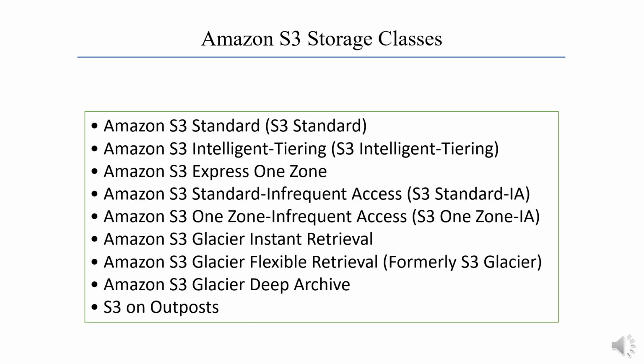Based on various use cases, Amazon S3 offers a range of storage classes as follows: Amazon S3 Standard, Amazon S3 Intelligent Tiering, Amazon S3 Express One Zone, Amazon S3 Standard Infrequent Access, Amazon S3 One Zone Infrequent Access, Amazon S3 Glacier Instant Retrieval, Amazon S3 Glacier Flexible Retrieval, Amazon S3 Glacier Deep Archive, and S3 on Outposts.